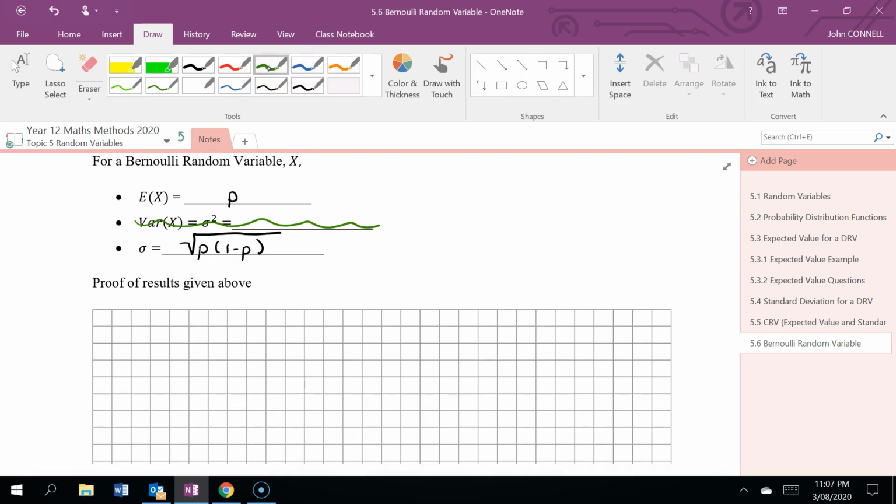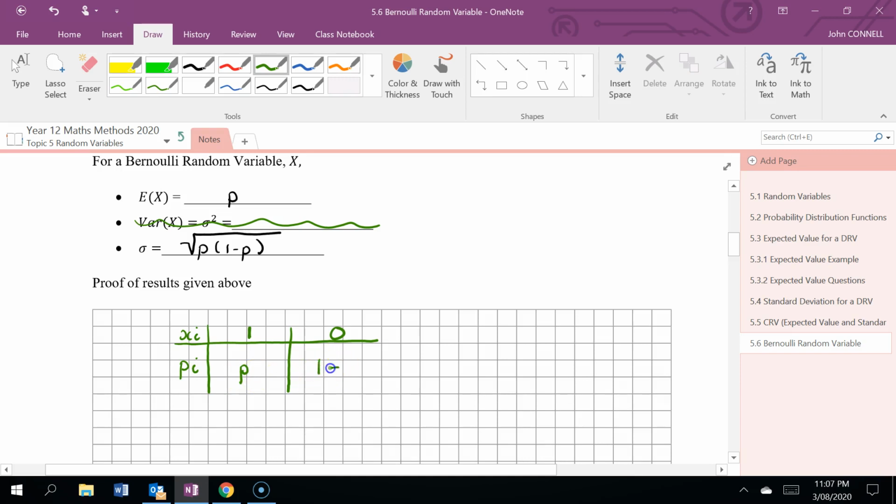So how can we prove these? Let's draw up our distribution for a Bernoulli random variable. We've got x, the values, and the probabilities of the values. The values are either 1 or 0. The probability of a 1 is P, our probability of success.